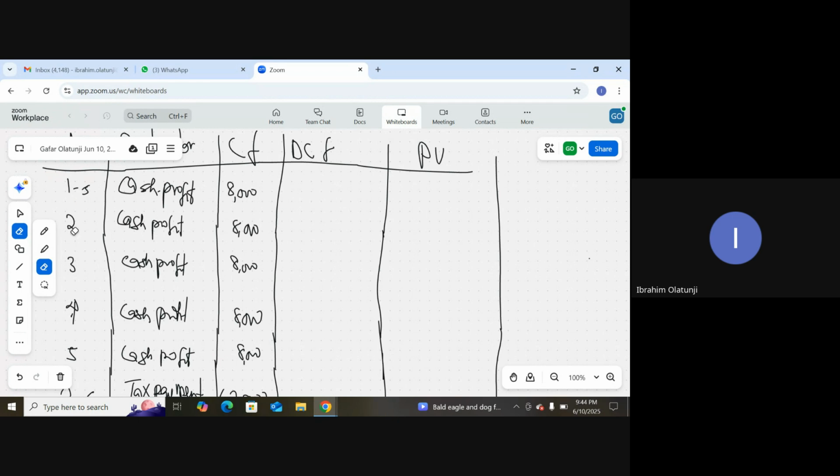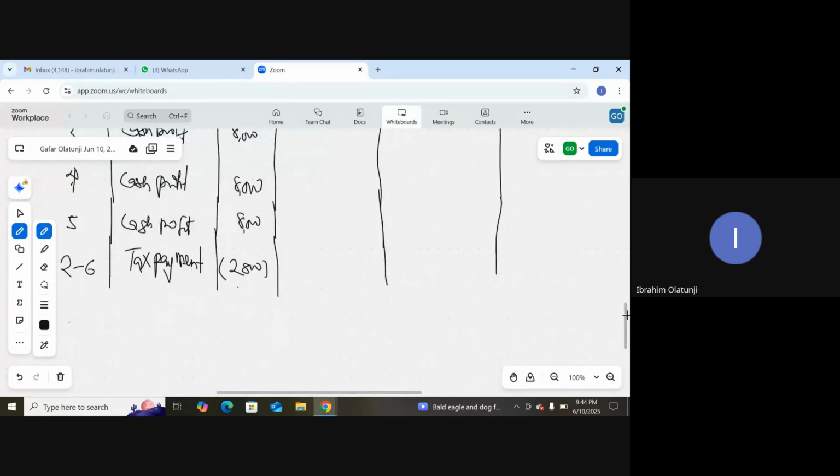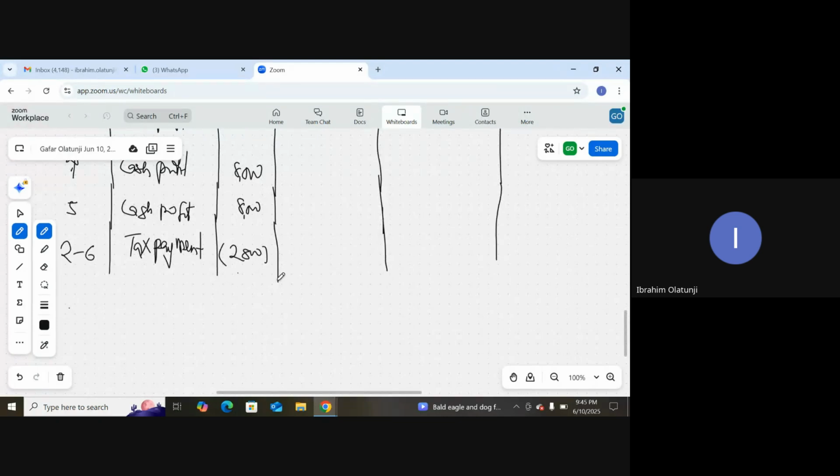That is why I split it like this: 1, 2, 3, 4, 5. Then to shorten my work, I will just say 1 to 5, cash profit 8,000. Is it clear? Can I move on, please? Hope no issue.